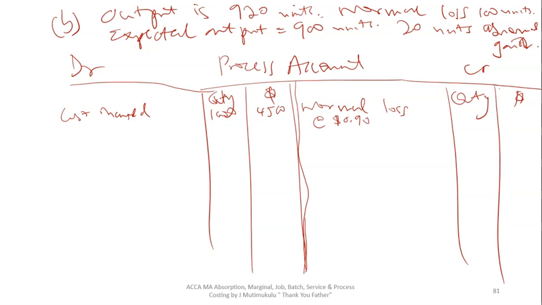So we just have to say 100 units multiplied by 90 cents, they give us $90. And then we are also told that the actual units transferred, output, which was transferred to finished goods, the finished goods account was transferred at the cost. We have already computed it as above.